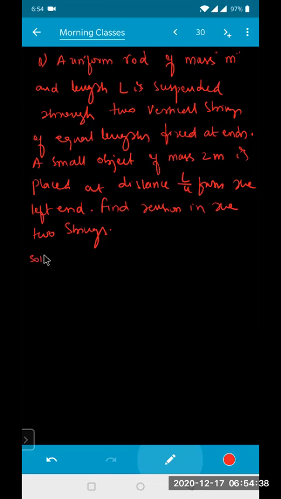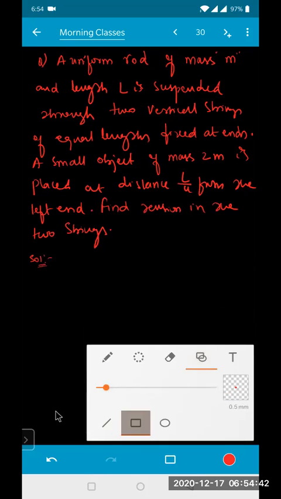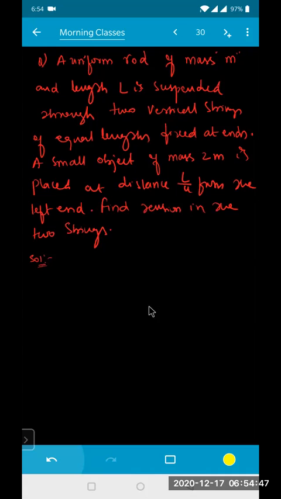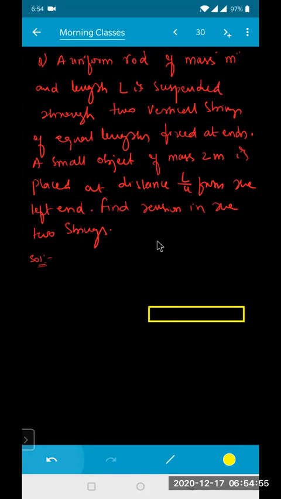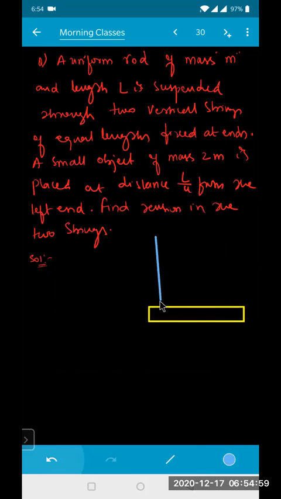The situation is something like this: it is hanging from here, and here also it is hanging like this. Both of them are supported like this.